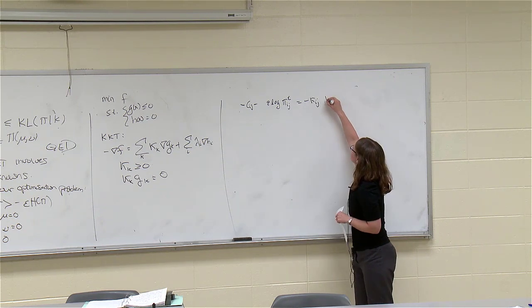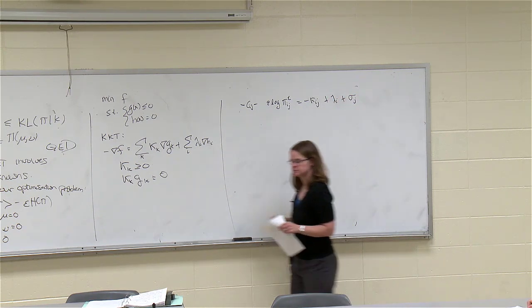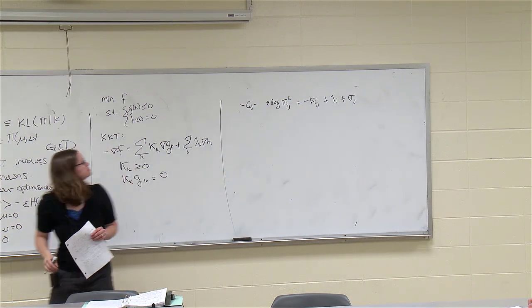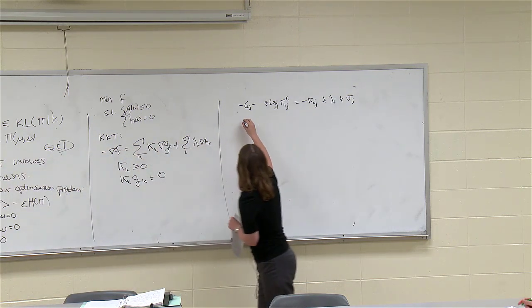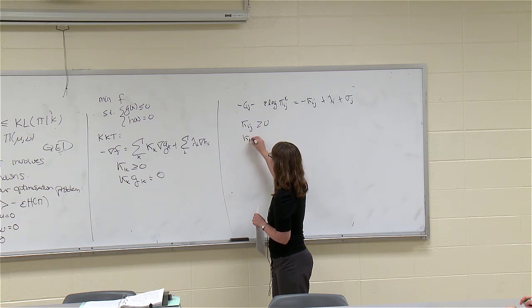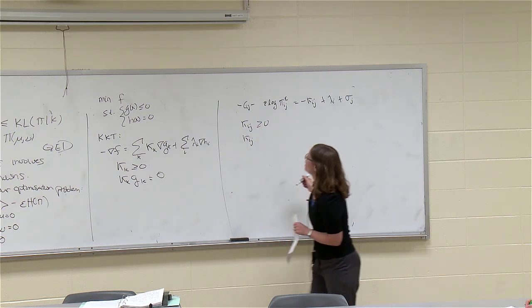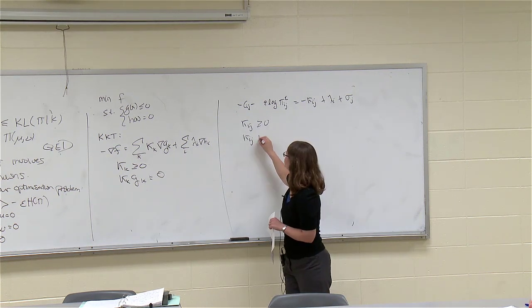Okay, so I'm going to get a plus lambda i plus sigma j. Okay, and then kappa ij should be greater than or equal to 0. Kappa ij times my g, my inequality constraint, so times pi ij, should equal 0.